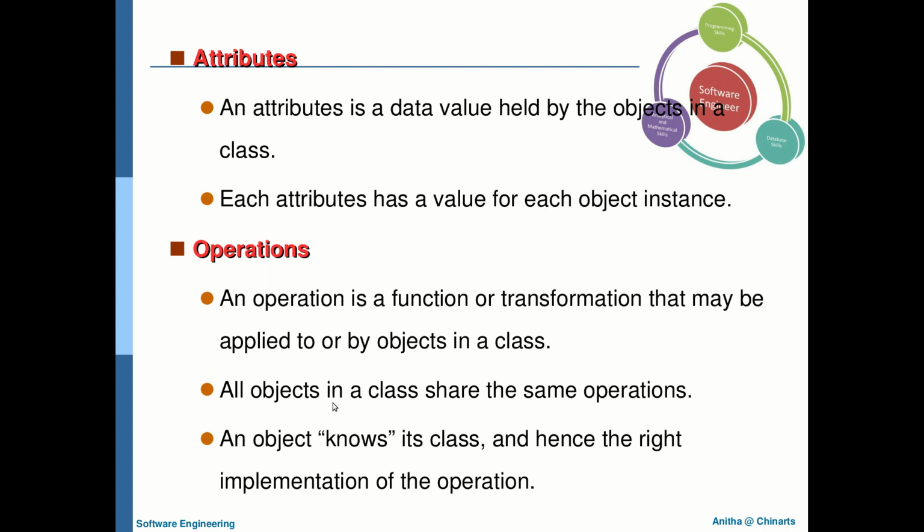Calculate the percentage is an operation applied by that object. All the objects in a class will share the same operation, and an object knows its class, and hence the right implementation of the operation is also known.